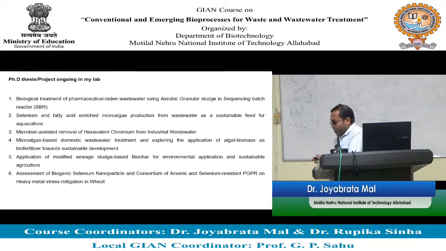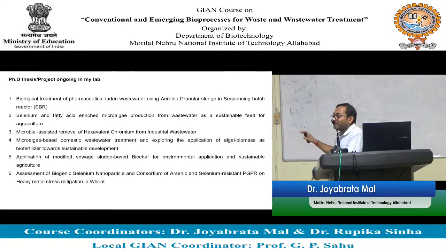So that's why here we try to isolate these different metal resistant PGP, and we are trying to form microbial communities. One is maybe selenium resistant, one is arsenic resistant, one is normal PGP, with different growth. Of course we cannot aim at all metals at a time.